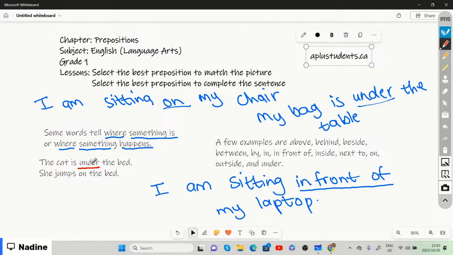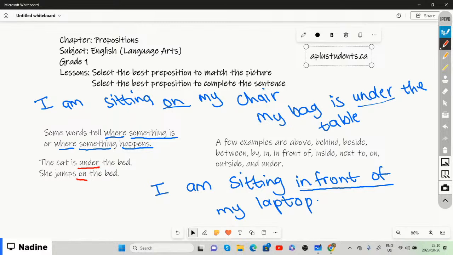That gives us an indication of where something is, or where the cat is. She jumps on the bed. So on is our preposition, which tells us where something either is or where something happens.